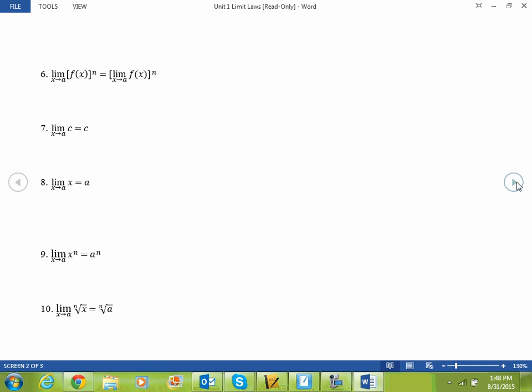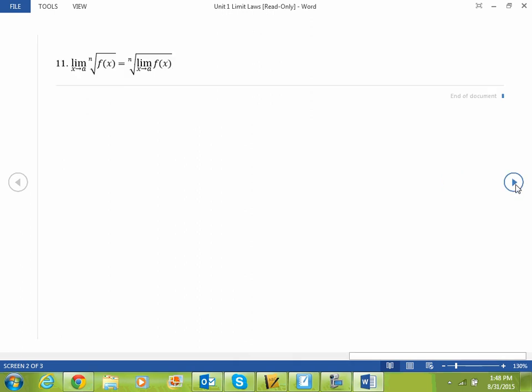The limit of the nth root of x is just the nth root of a. And lastly, if you're taking the limit of the nth root of a function, you can evaluate the limit and then take the root at the end. So any questions on our 11 limit laws?